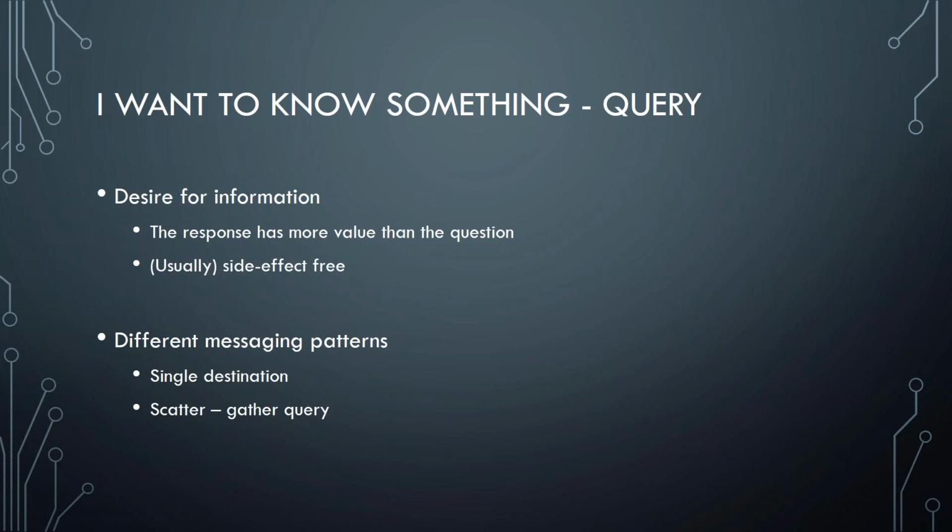The query has very interesting aspects to it when it comes to messaging patterns. And until now, AXON didn't really give a lot of attention to queries because we've always said the query is not really that much different from how applications do requests anyway. So why should a framework interfere?